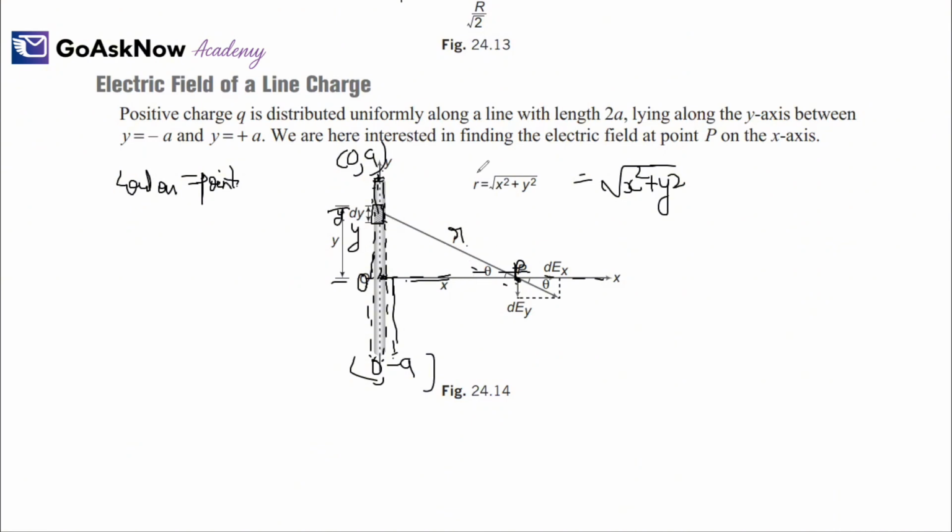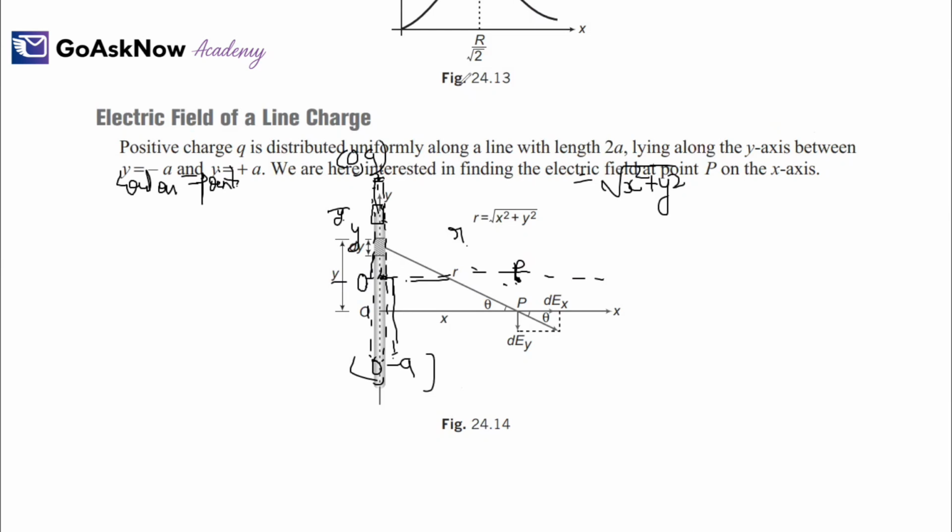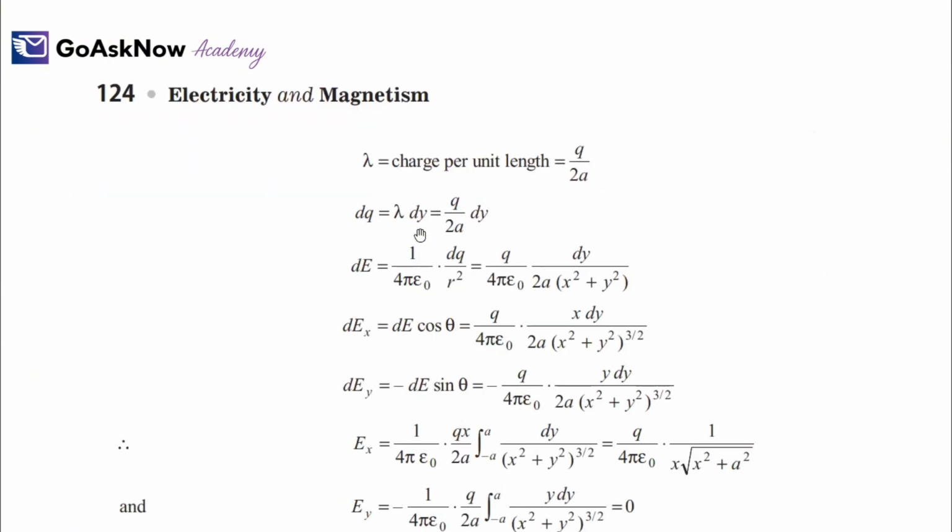Let's move further. Here lambda is the charge per unit length, the linear charge density.